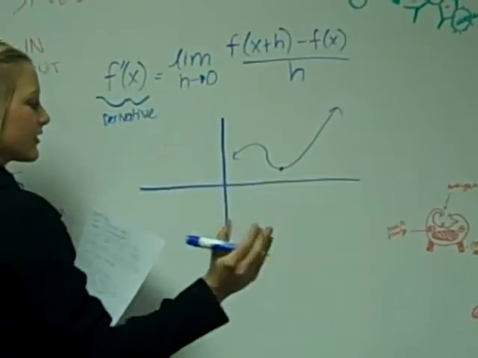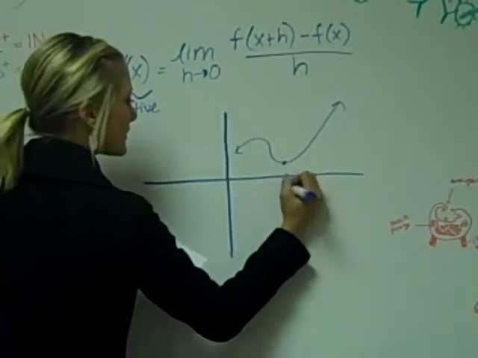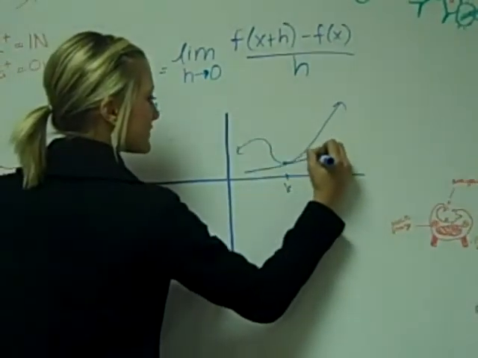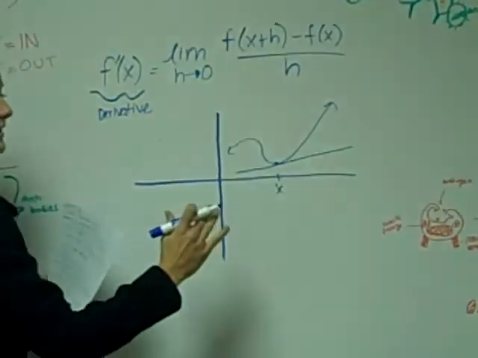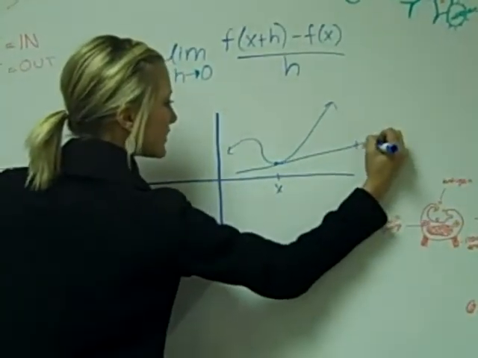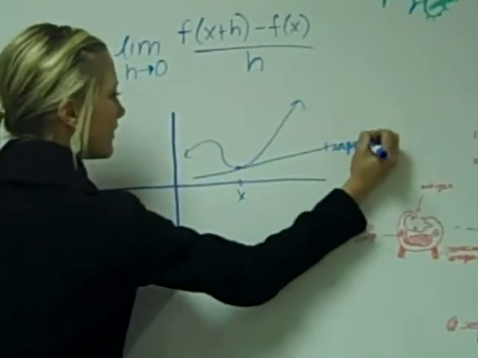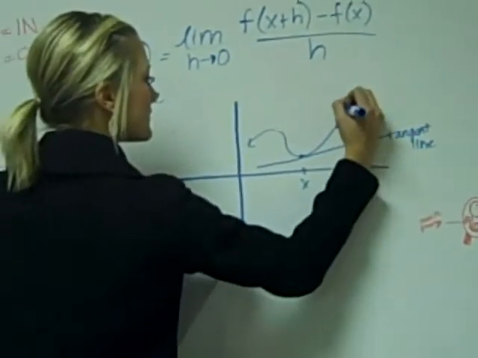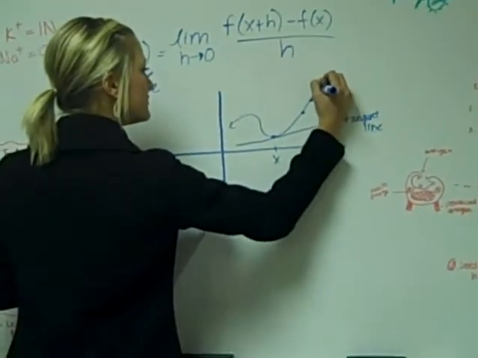It could be anywhere on the curve. So here's your x. The tangent line is the slope of that point right there. So this is the tangent line. Okay, I'm going to put these 3 points up here for later.